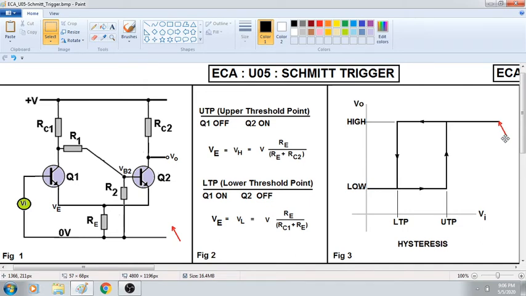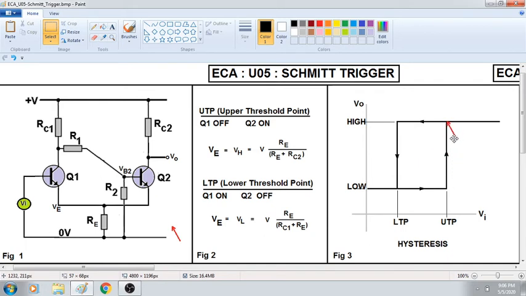Now imagine that the input is reducing now. It is reducing from a high value, slowly it is coming down. So the output will continue to remain high. When it reaches the UTP, you see here it cannot take this path because the arrow is pointing in this direction, so it cannot oppose the direction.